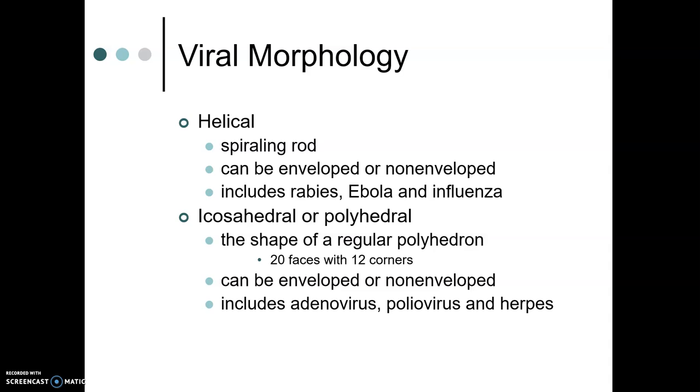You know how a soccer ball has different facets and edges to it, and it gives it that characteristic shape. That's basically what we're talking about. It's just a microscopic version of that shape. Again, icosahedral viruses can be enveloped or non-enveloped. It just depends on which virus you're talking about. And it includes things like the adenoviruses, the poliovirus, and herpes viruses.